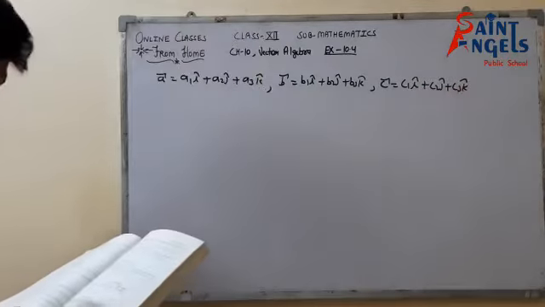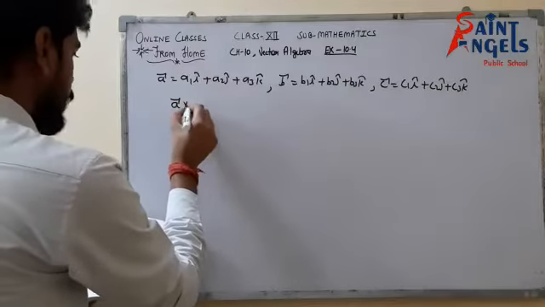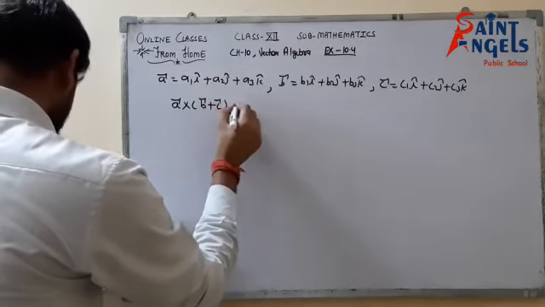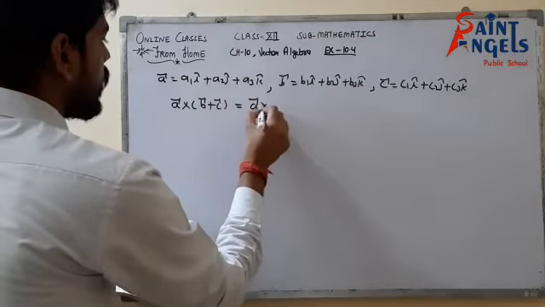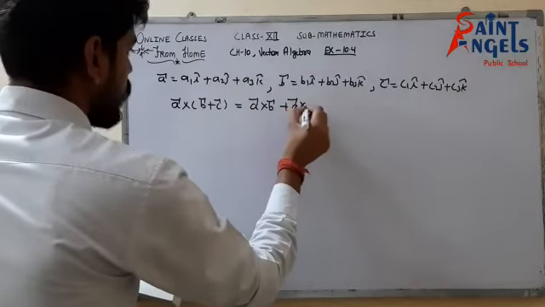Now we have to prove that A vector cross (B vector plus vector C) equals A vector cross vector B plus A vector cross C.